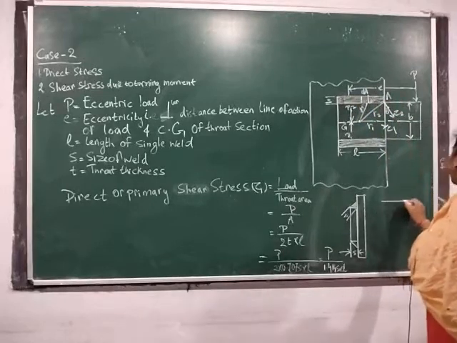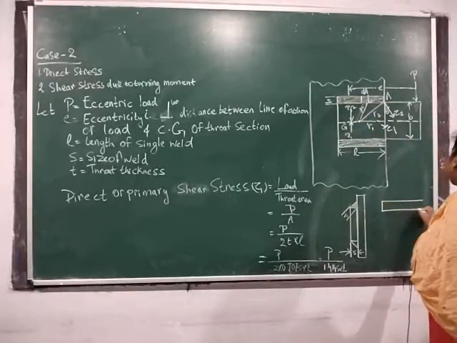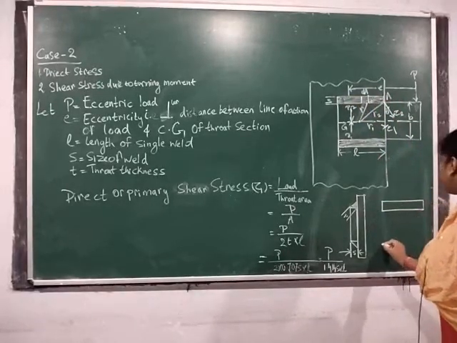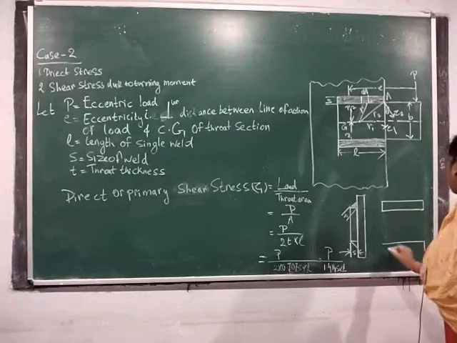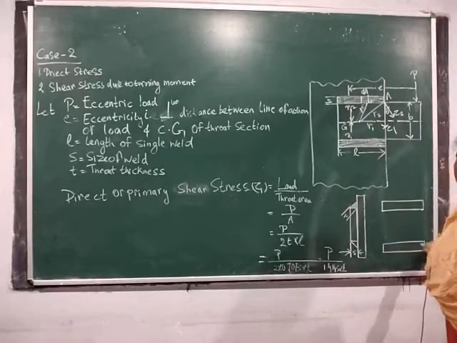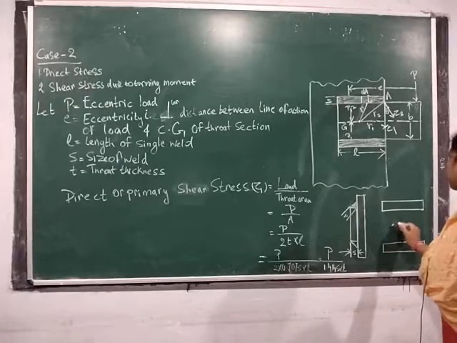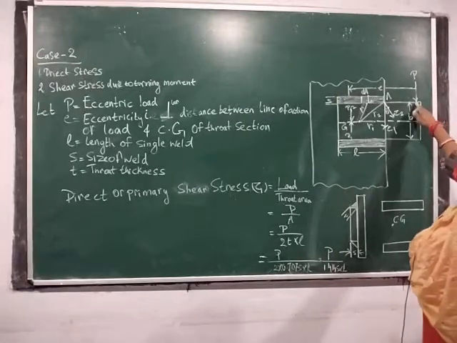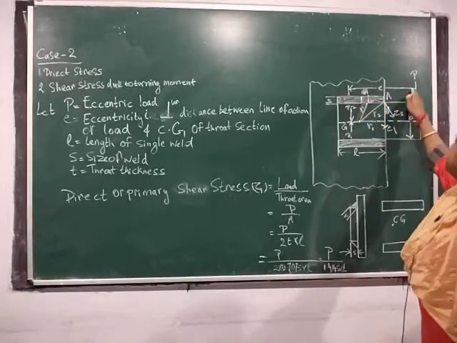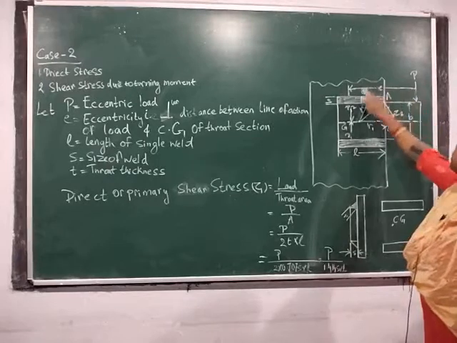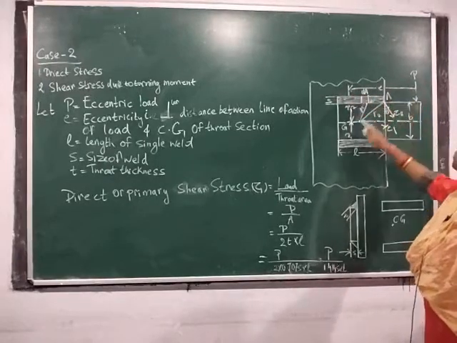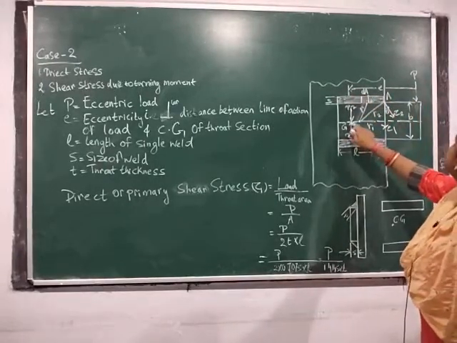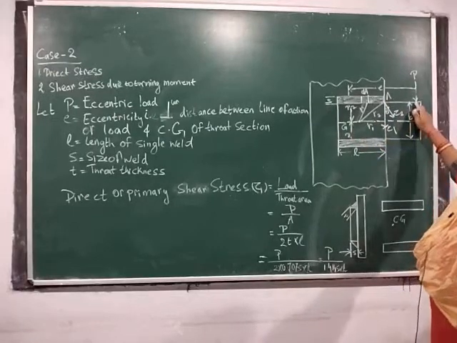If I draw a diagram, like this and the other one like this, and if this is the center of gravity, and a load is acting here, we have an eccentric load P at a distance E from the center of gravity to the force.